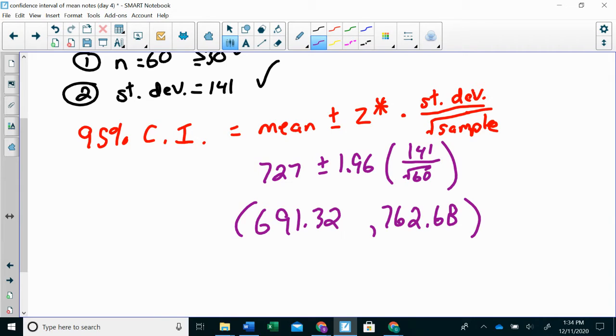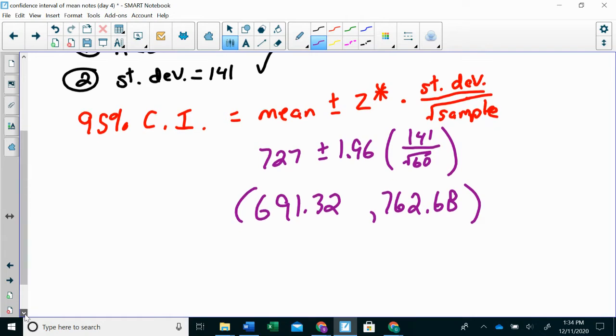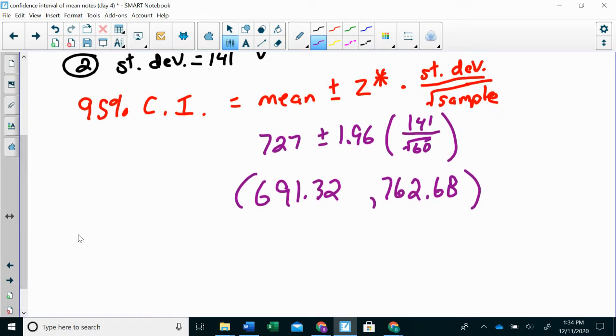Right. Now let's make, like we did in the previous lesson, a conclusion statement.